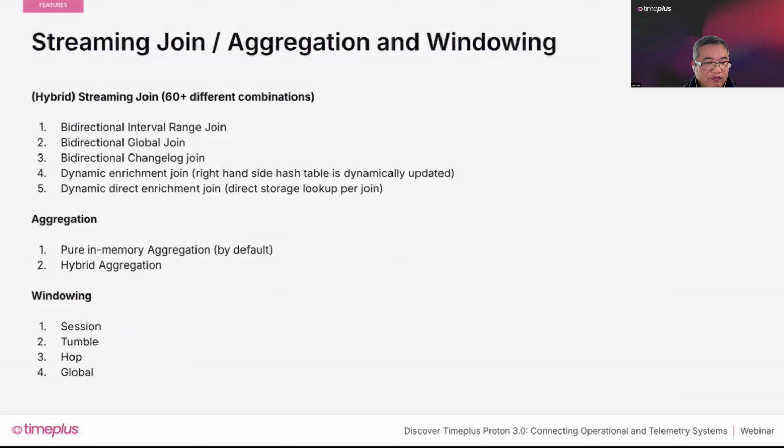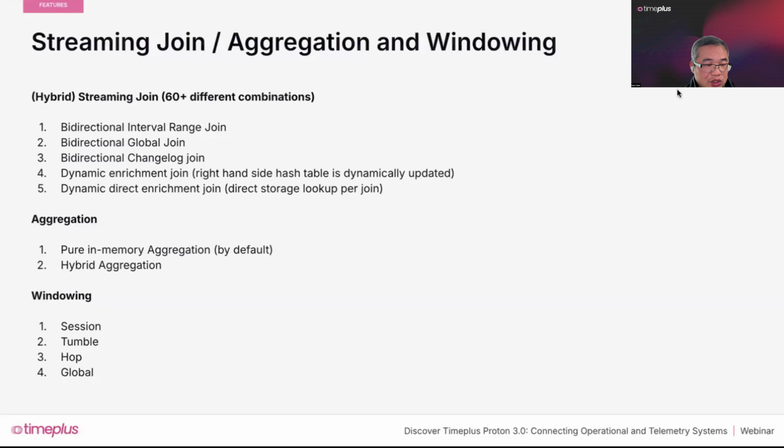So here's a list of key features. From the functionality point of view, Timeplus Proton supports most of the streaming query processing semantics, either join and aggregation or windowing. Timeplus Proton has more than 1,000 built-in native functions written in C++, as well as more than 300 aggregation functions.